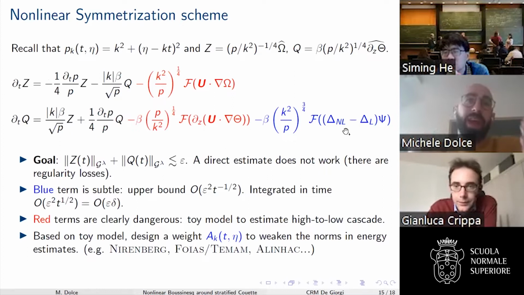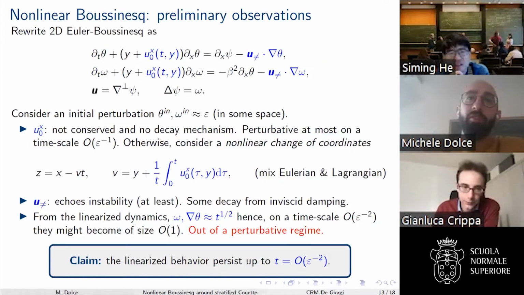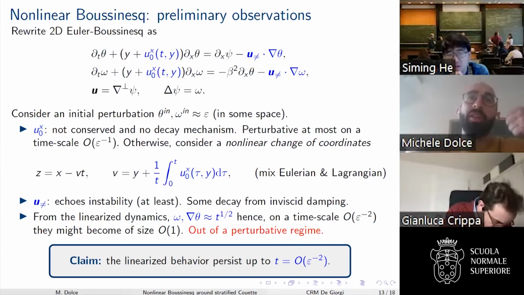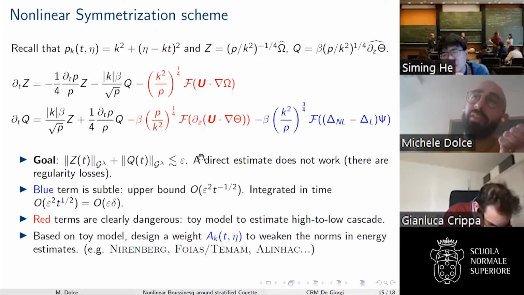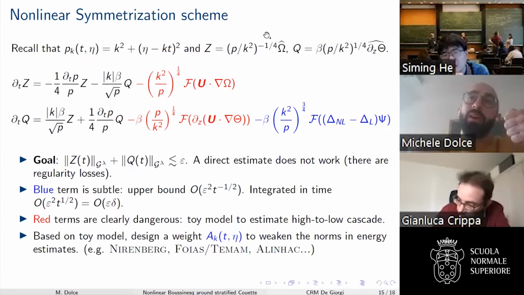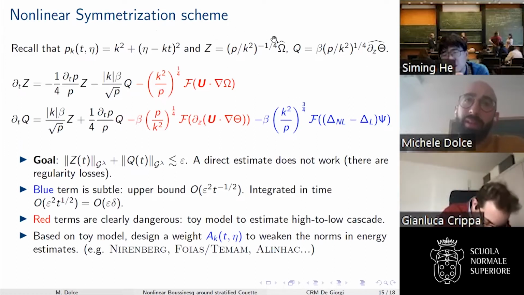So delta L will be the Laplacian in the nonlinear change of coordinates. Recall that now you're not doing the change of coordinates of Couette, but the nonlinear change of coordinates. So the differential operators now involve coefficients which depend on the solution itself. This delta NL minus delta L quantifies the error you are making by using the linear operator, which is the delta L without the nonlinear part.